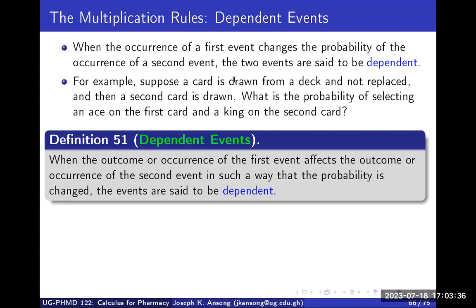So the question is, what is the probability of selecting an ace on the first card and a king on the second card? These events will be dependent on each other if you don't replace it. So dependent events by definition is when the outcome or occurrence of the first event affects the outcome or occurrence of the second event in such a way that the probability is changed. The events then are said to be dependent.